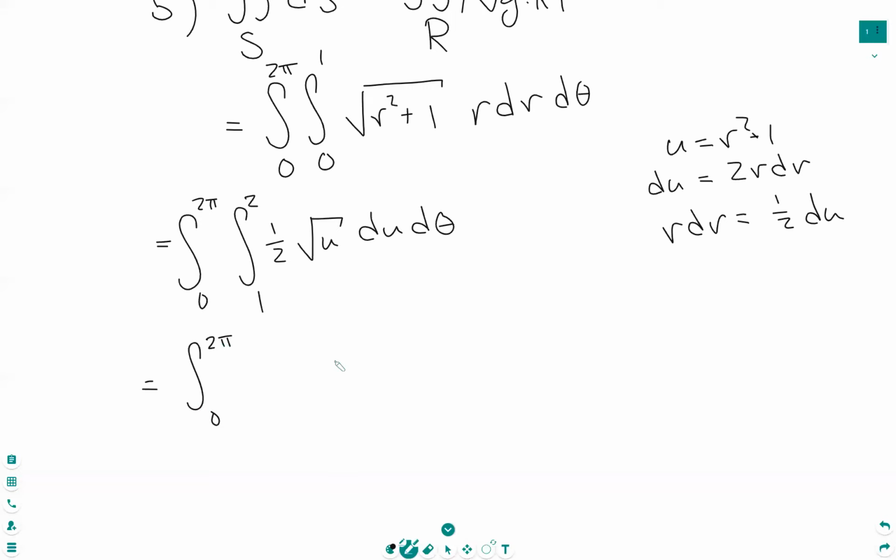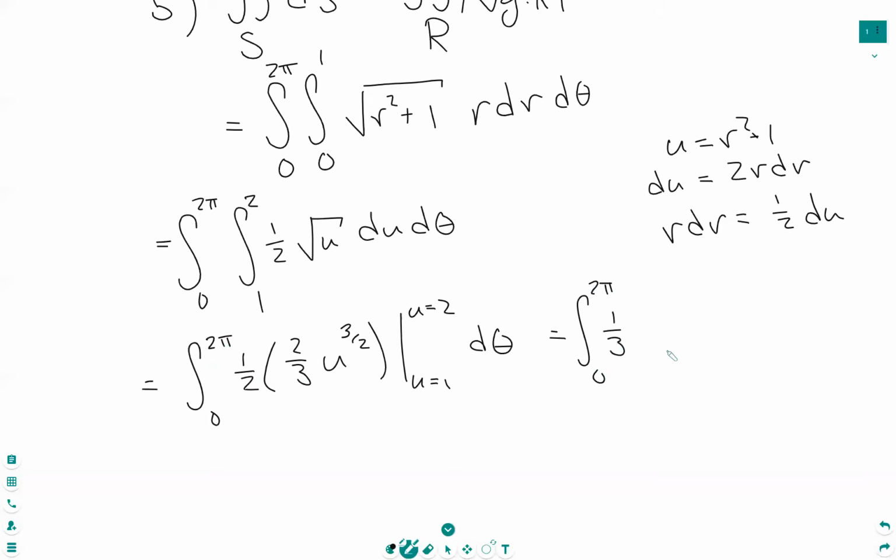Or 0 to 2 pi, 1/2 times 2/3 u to the 3/2, evaluated when u is equal to 1 and u is equal to 2, d theta, or the integral from 0 to 2 pi of 1/3 times 2 to the 3/2 minus 1 d theta, or 2 pi over 3 times 2 to the 3/2 minus 1.